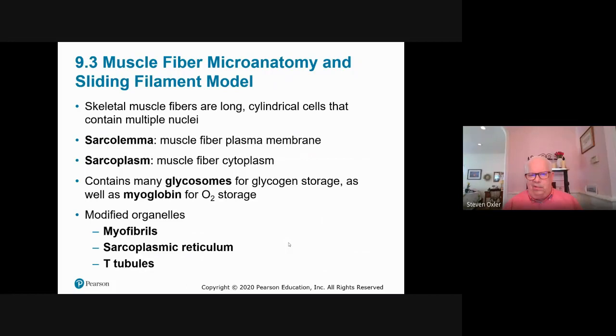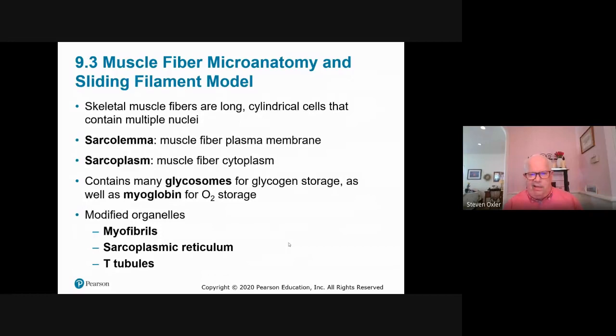Inside of the sarcolemma, there are many glycosomes, bags of glycogen. Glycogen is stored in two places in your body. It is stored in muscles and it is stored in the liver. But we're now talking about muscles.